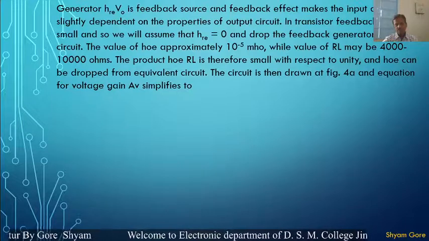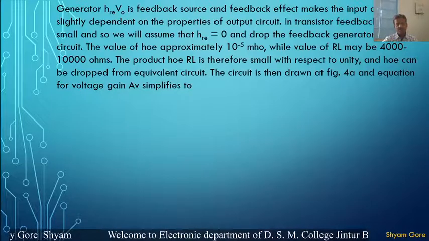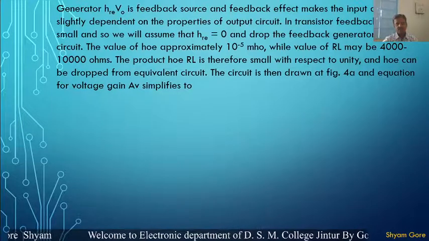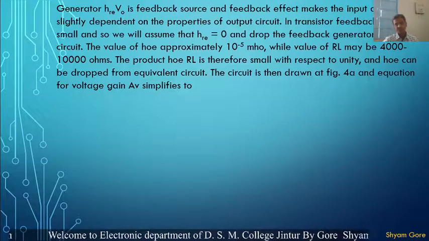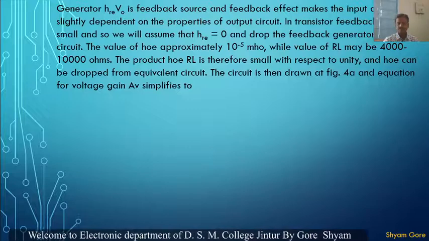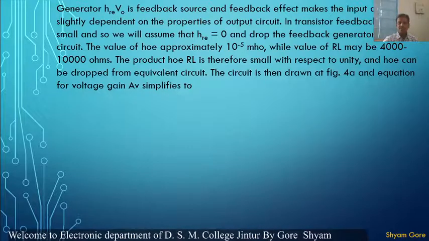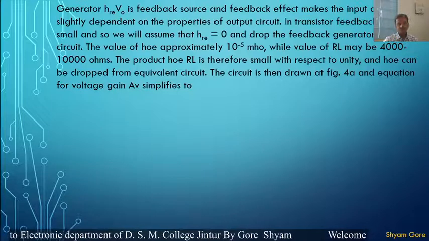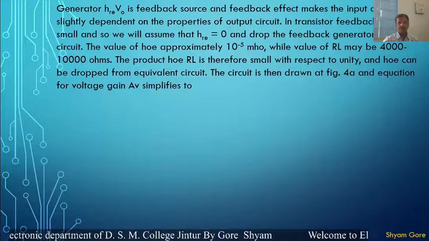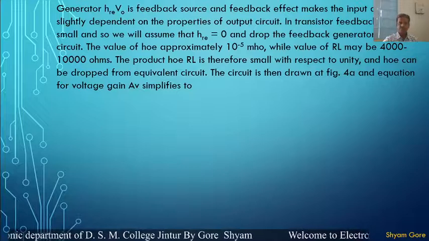In the equivalent circuit, the generator HRE into VO is the feedback source, and the feedback effect makes the input quantity slightly dependent upon the properties of the output circuit. In the transistor, the feedback effect is very small.